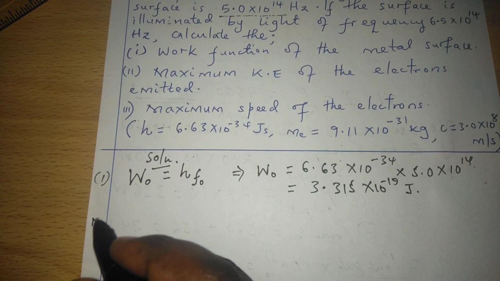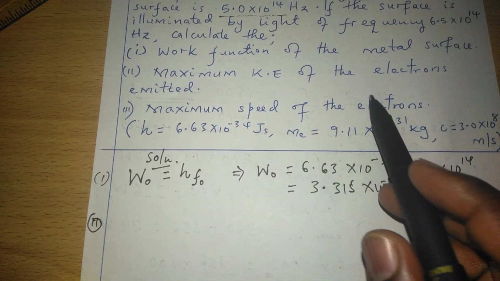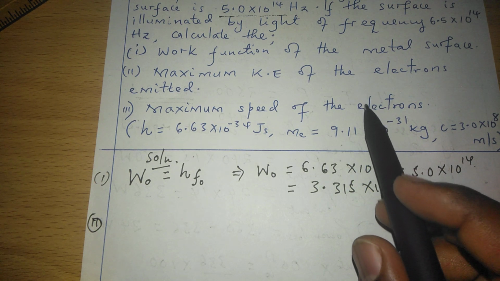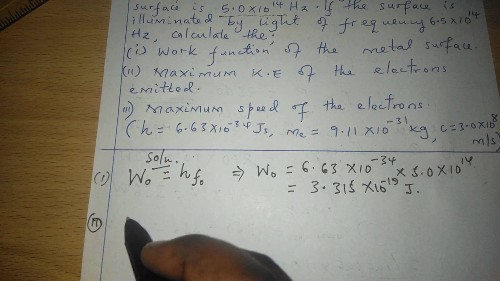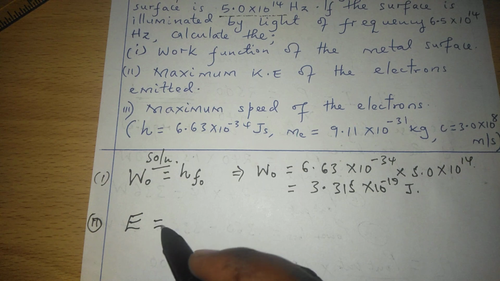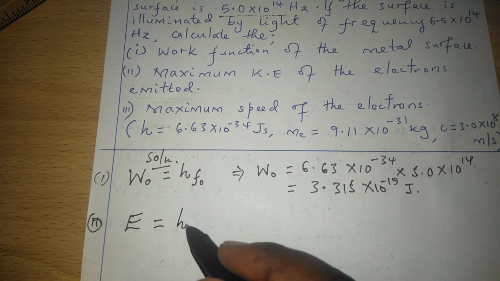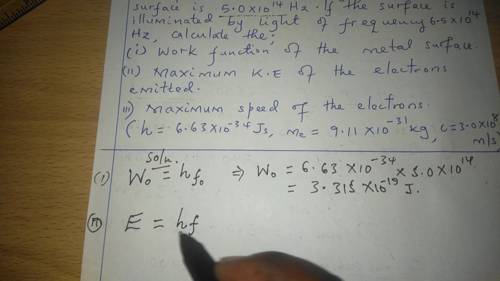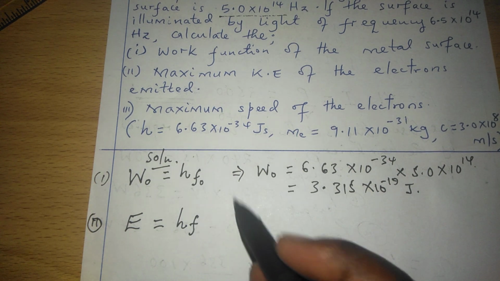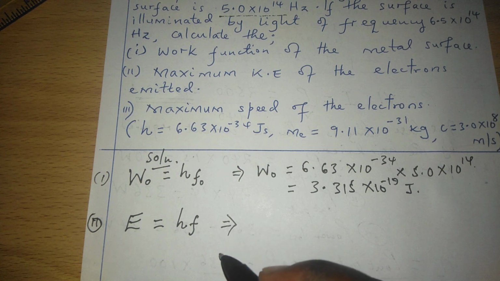Number 2, we are asked to find the maximum kinetic energy of the electrons emitted. It is very important to know that the total energy of this radiation is given by hf, Planck's constant times the frequency of this radiation.